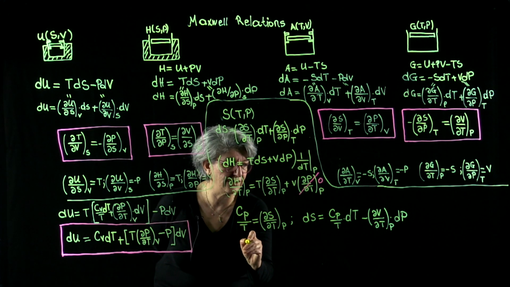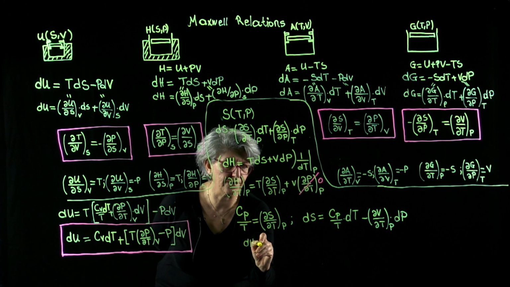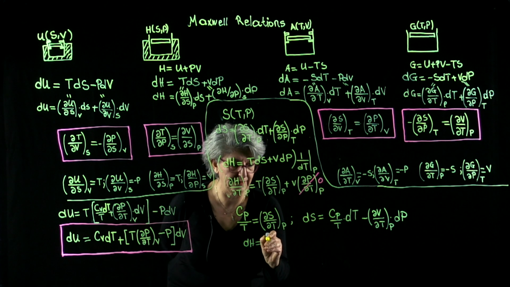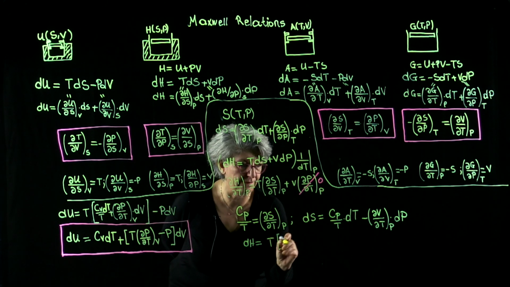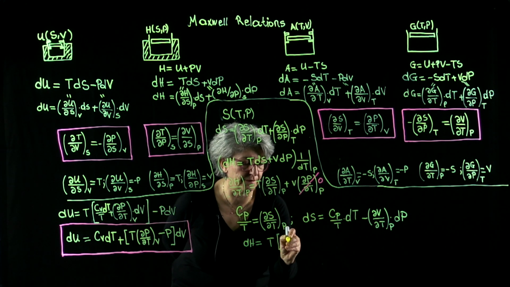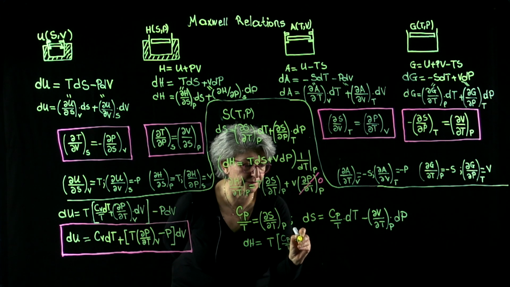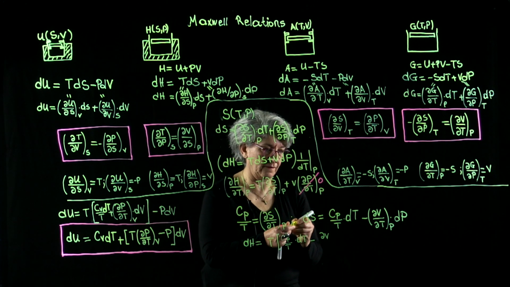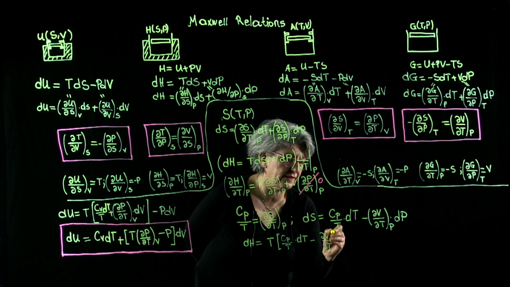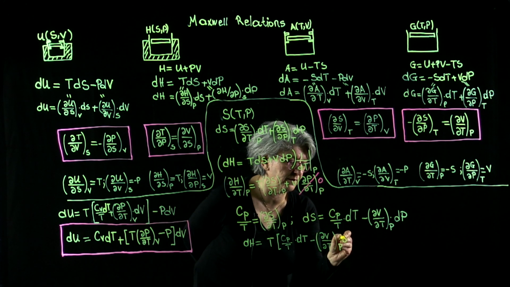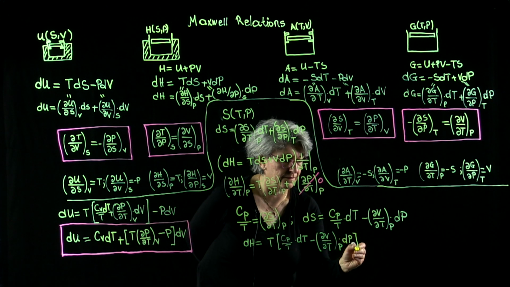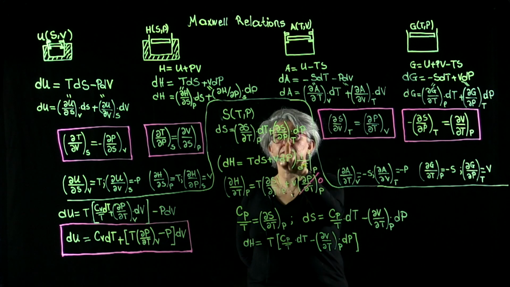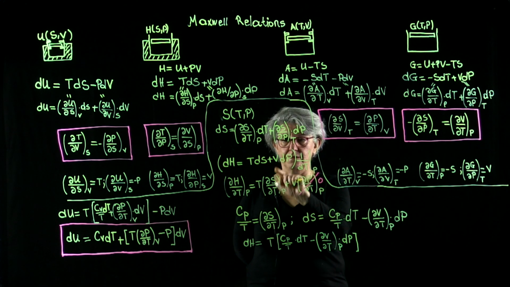So I will write here, dH is equal to TdS, this Cp over T dT, minus del V over del T at constant P times dP, and VdP.